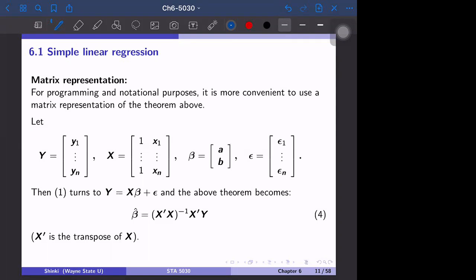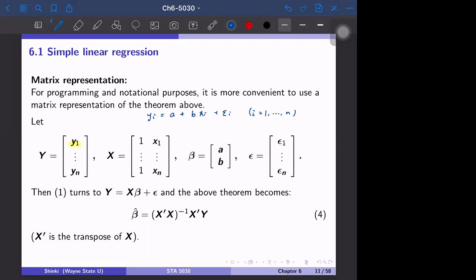Okay, so we have defined yi is equal to a plus b times xi plus epsilon i. We would like to put this equation for i equal to 1 to n into one equation.